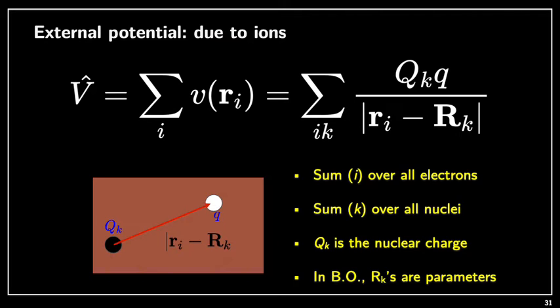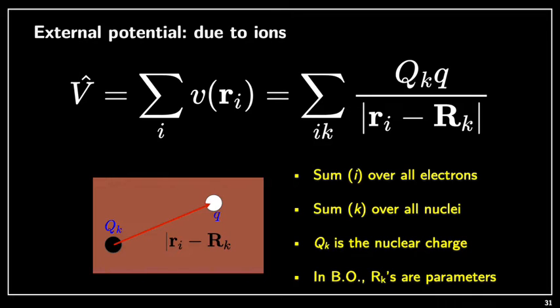The external potential is due to the presence of the ions. In this case there is a negative sign because of the charge: the two charges have different signs, so it's a negative term.